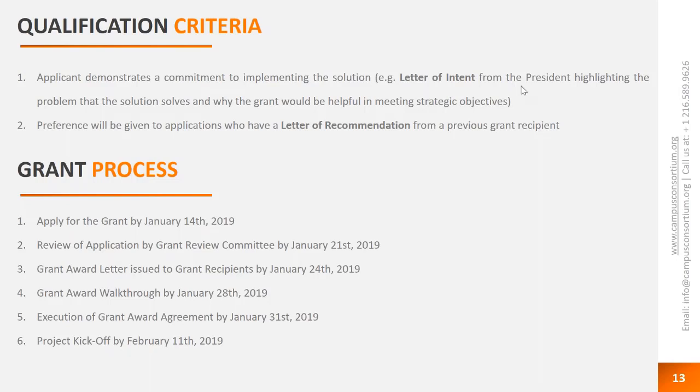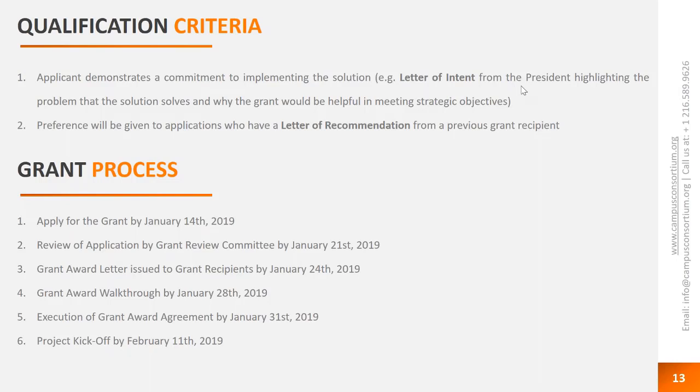We tend to review applications relatively quickly, and this is done by a committee of higher ed executives from your peer universities. Typically, the group is mostly comprised of CISO, CIO type players with 15, 20, 30 years of experience. Each grant has a different group of individuals that sit on the grant committee.